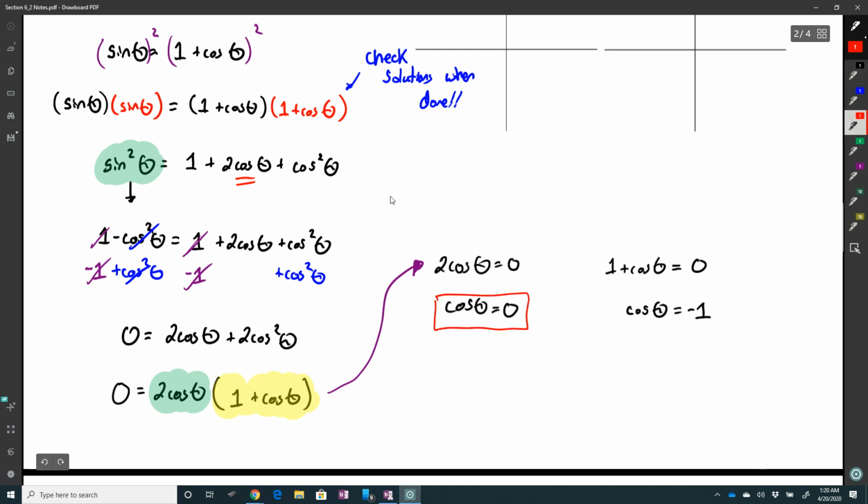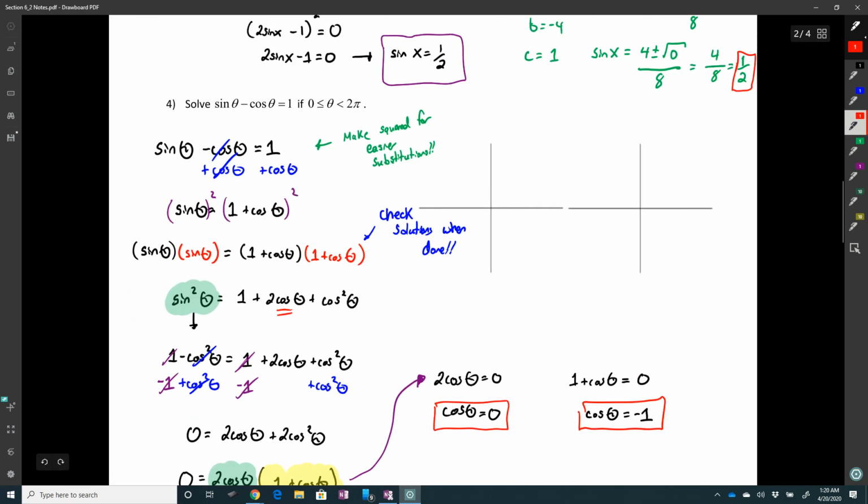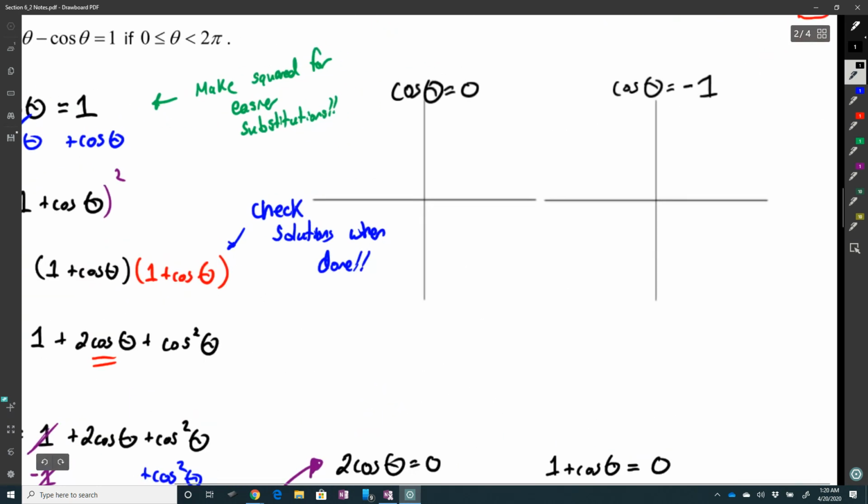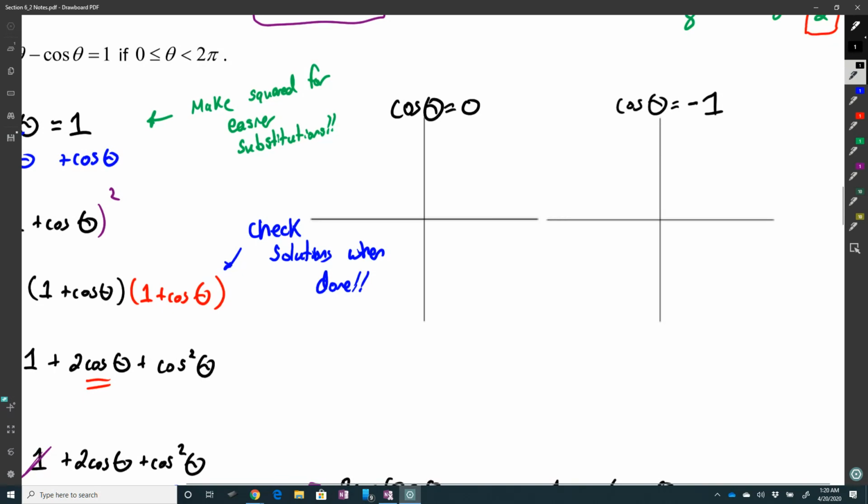All right. So let me see if I can move stuff around a bit. So here, this is my cosine theta equals 0. This is my cosine theta equals negative 1. So in solving the first one, when is cosine equal to 0?